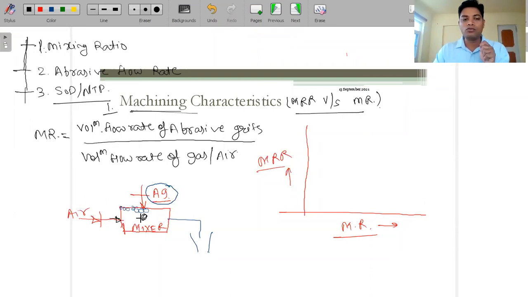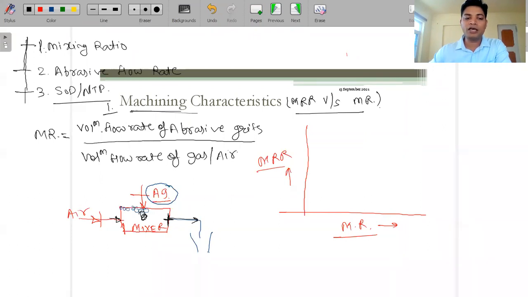The volume of that mixer can accommodate 100 abrasive particles, but now we are entering only one. It means 99% of the volume is covered by the gas or air, right? So if one abrasive particle is coming, then one abrasive particle will flow as it leaves the mixer.